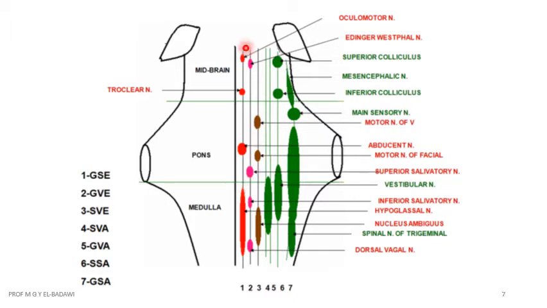And this is enumeration of the nuclei for the general somatic efferent, for the general visceral efferent, for the special visceral efferent, and so on, from 1 to 7.